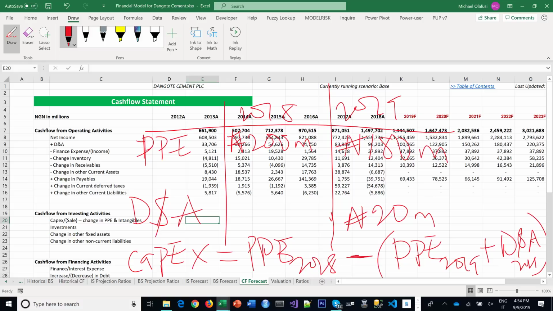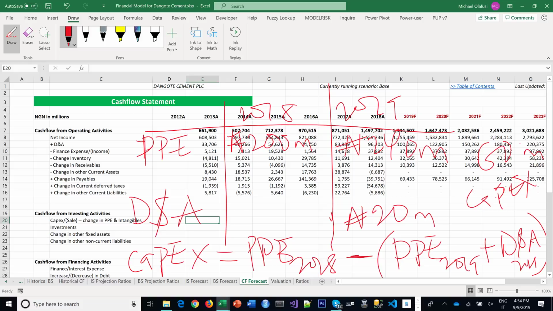So if we bought new assets here, so book value is 240, you will see that this will correctly tell us that we've had to spend 60 million naira. So we've had to spend 60 million naira capex, right? So that's how the formula works.